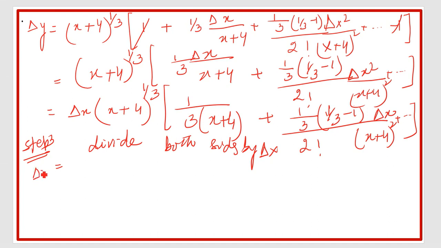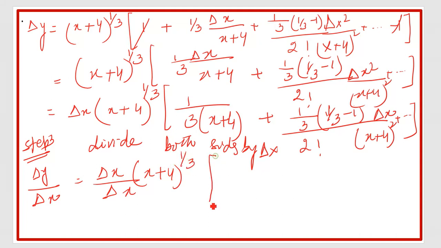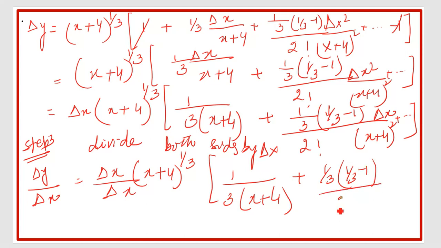So here we have delta y over delta x, which is equal to delta x over delta x into x plus 4 whole power 1 over 3, and here we have 1 over 3 into x plus 4, plus 1 over 3 divided by 2 factorial, delta x divided by x plus 4 whole square, and so on.